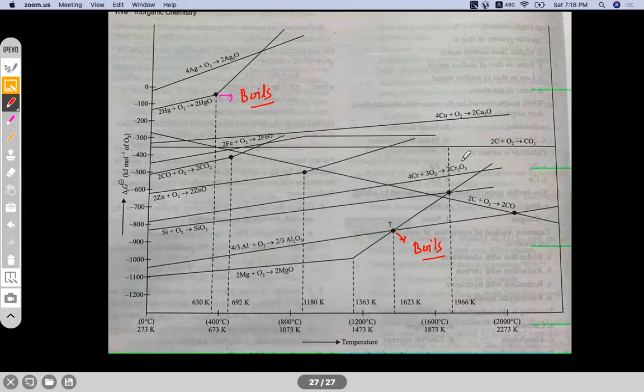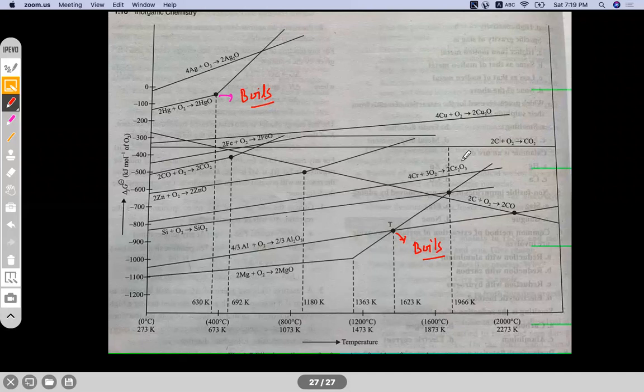Fourth point: the sharp change in the slope, or you can write the sharp turn in the graph.